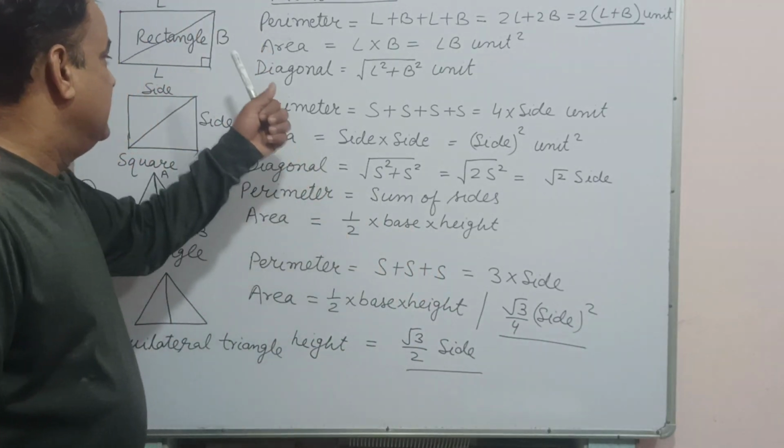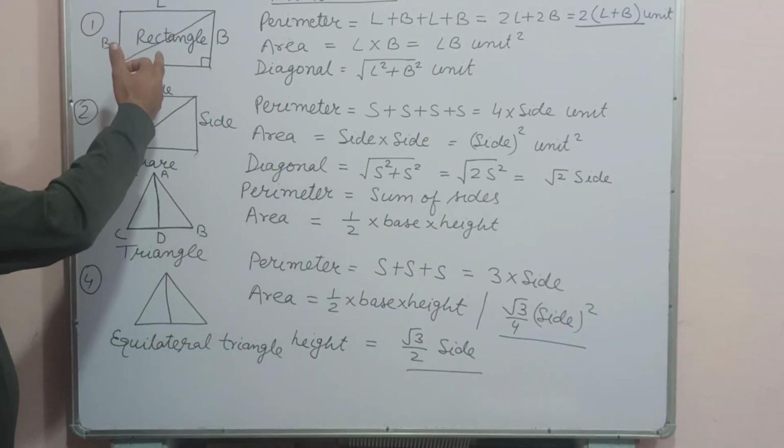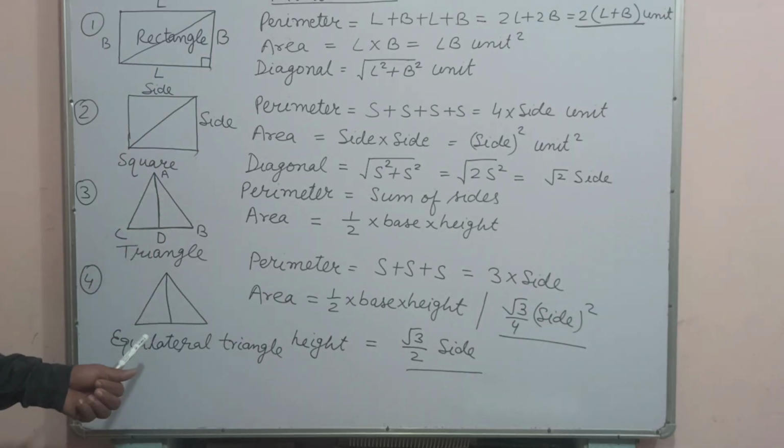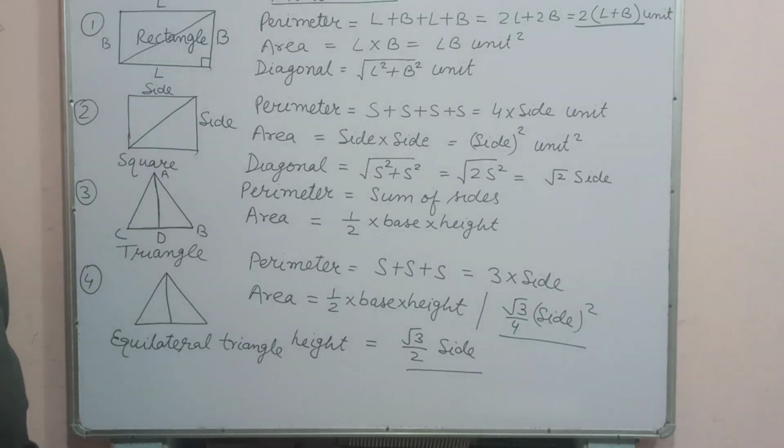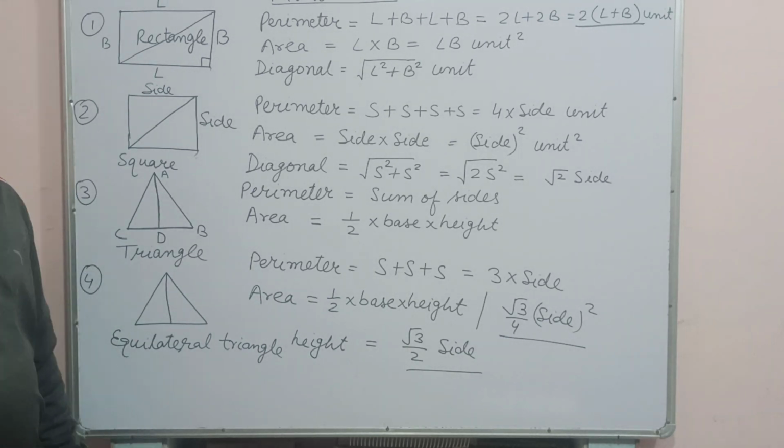We have discussed three figures, that is rectangle, square, triangle, and now we will discuss the parallelogram, rhombus, trapezium, circle, semicircle, and another type of quadrilateral.